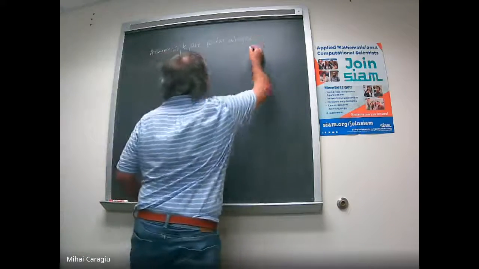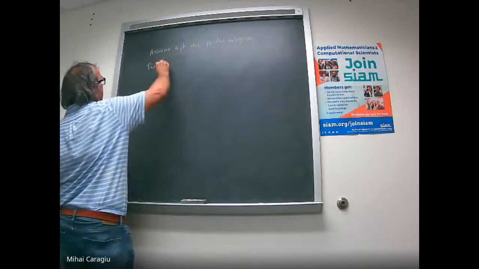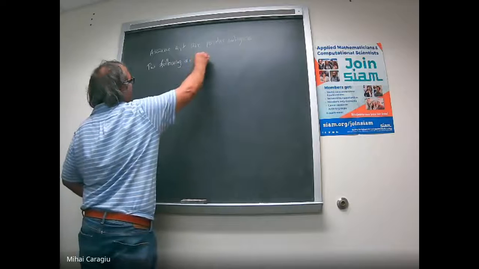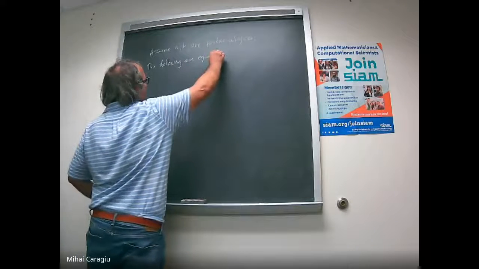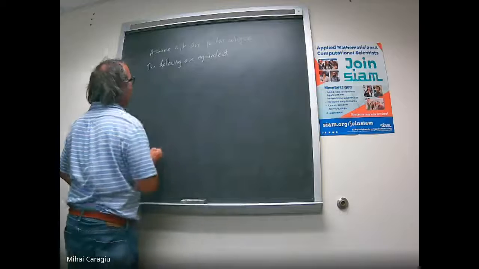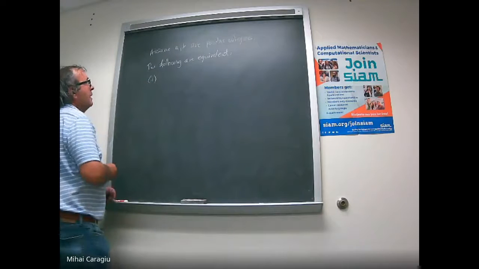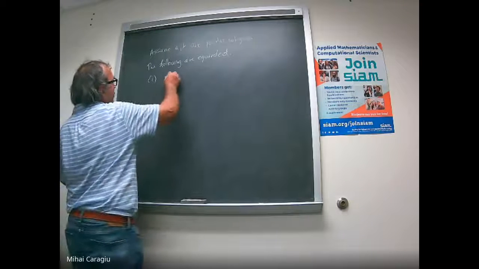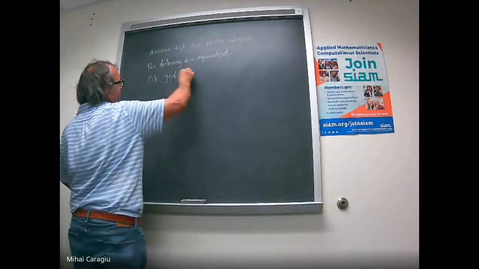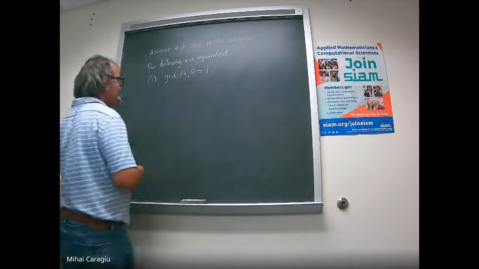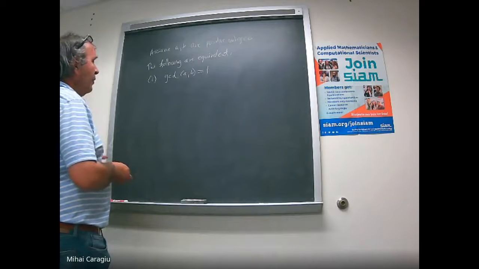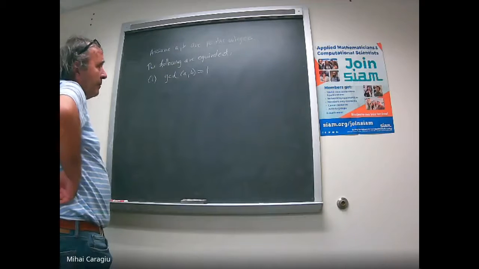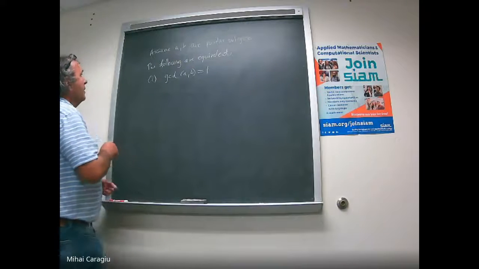The following are equivalent. First, A and B are relatively prime, so the greatest common divisor of A and B equals 1. In other words, A and B have no positive common factor other than 1.